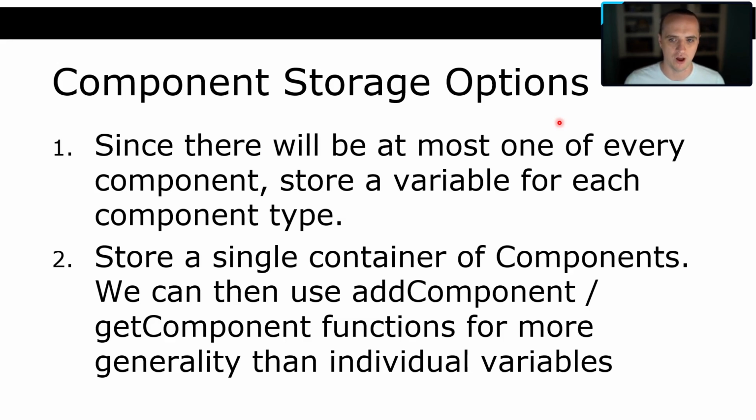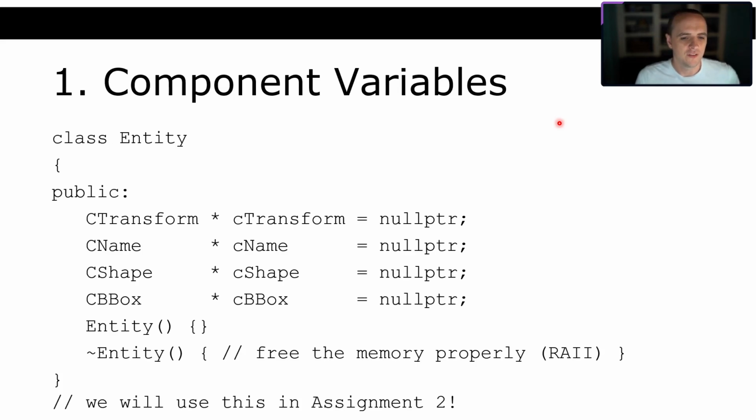So let's look at what that might look like if we actually implemented it. The simplest possible way that you could store components inside an entity class would just be to have pointers to those components within the entity class, right? So let's say we have a simple entity that just has a transform component, and transform just means position, speed, acceleration.